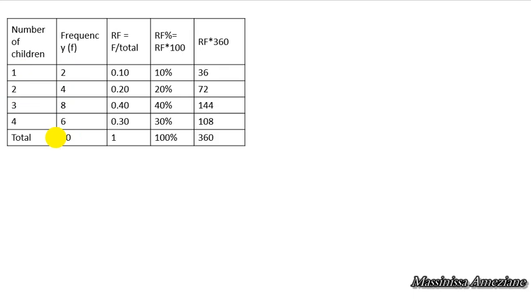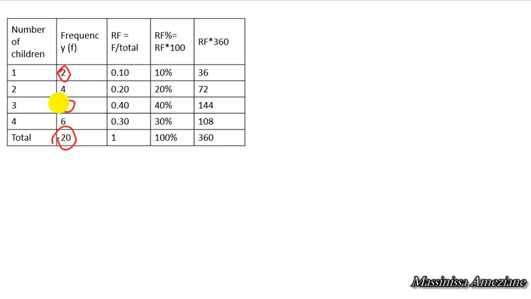Now we have the relative frequency, which is the proportion of total data represented by each data value. How to find the relative frequency? It is the frequency, like 2 for example here, divided by the total, and we get 0.1.